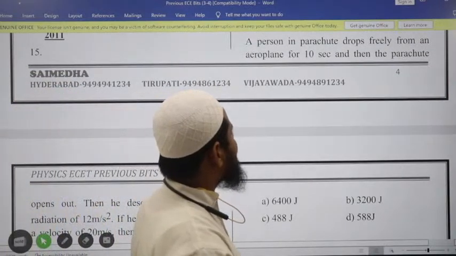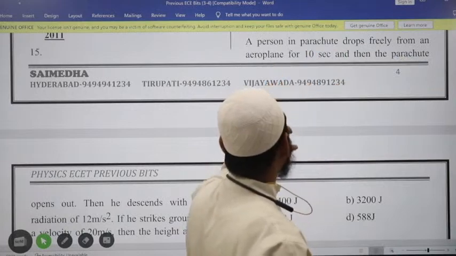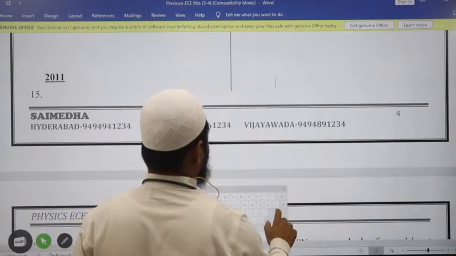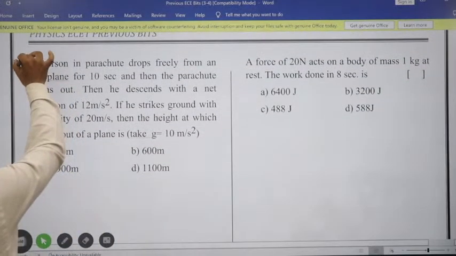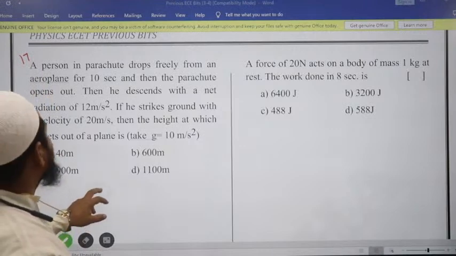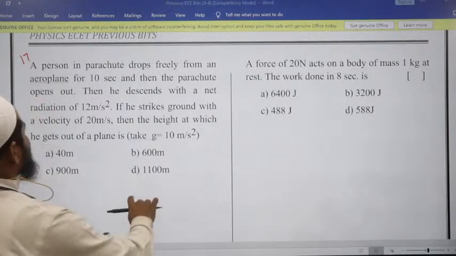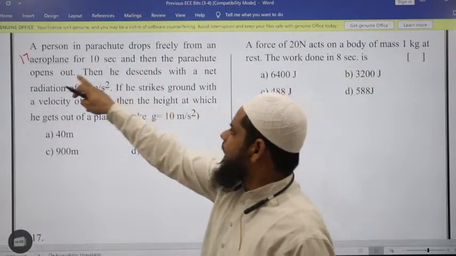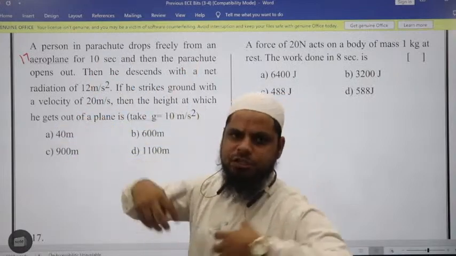A person in a parachute drops freely from an aeroplane for 10 seconds and then the parachute opens out.